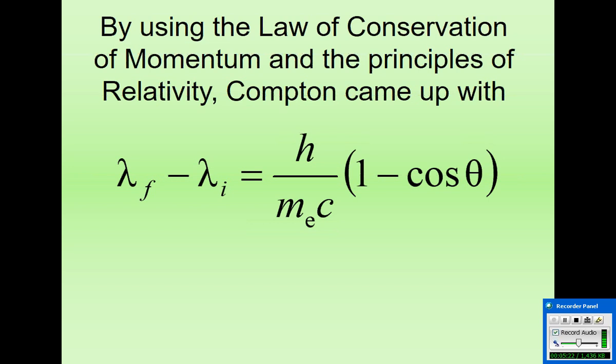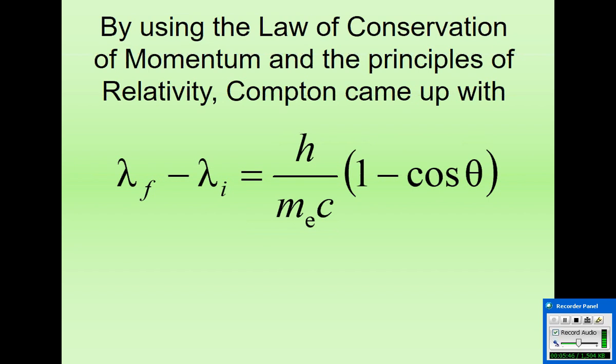If theta is 180 degrees, cosine of theta is negative 1, 1 minus negative 1 is 2, and so the maximum possible change in the wavelength is 2 times h over the mass of the electron times c. That maximum possible difference is on the order of about 10 to the negative 12 meters.